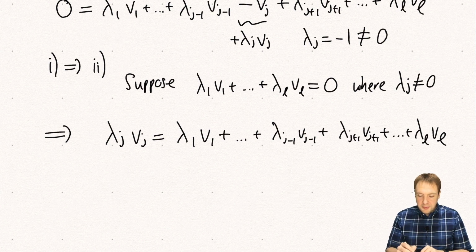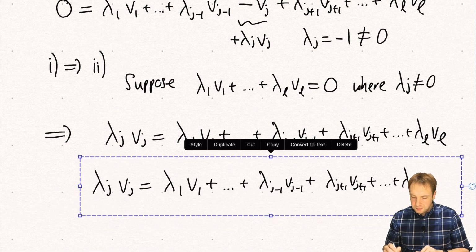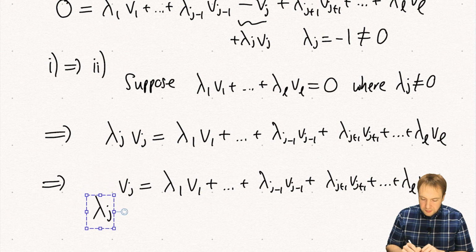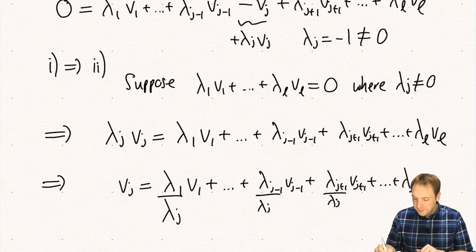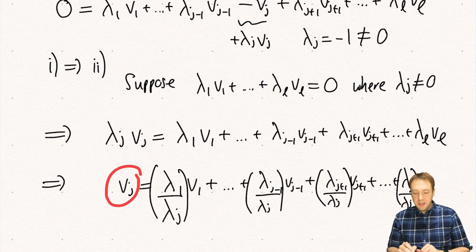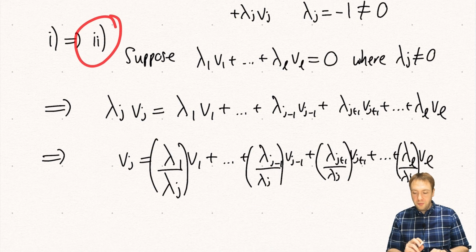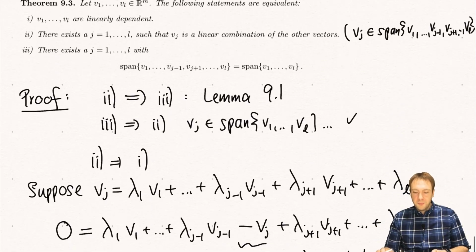So each part here I can divide by lambda j, which just gives new coefficients. And what we see here is that vj is now a linear combination of the other vectors, which is exactly the statement of number 2. And therefore this shows that these three statements are equivalent.